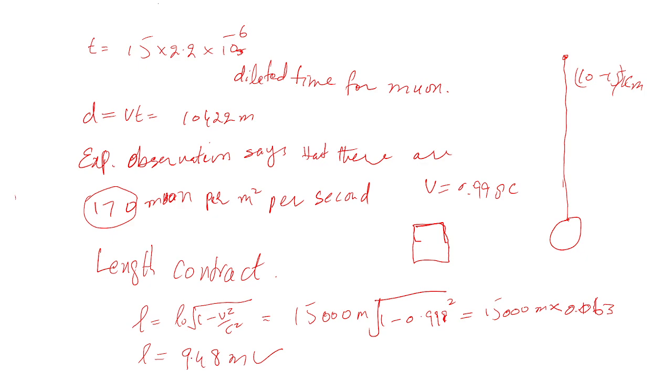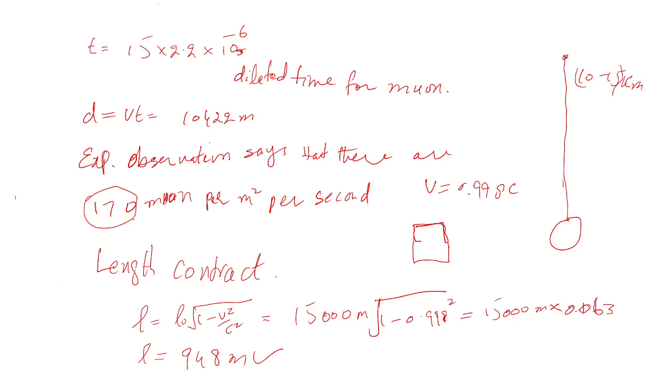Because the length contracts for the muon, the muon sees this much length, and the muon has to cover this much distance in the dilated time, which is the above. So in the dilated time he will spare some time and will be found on the earth.